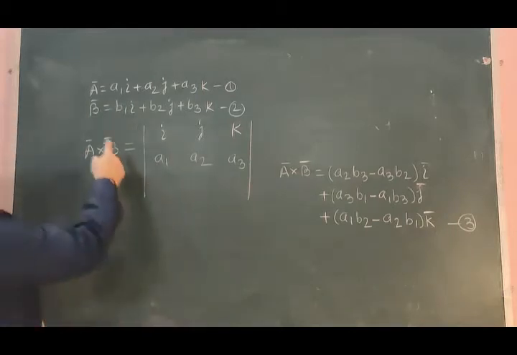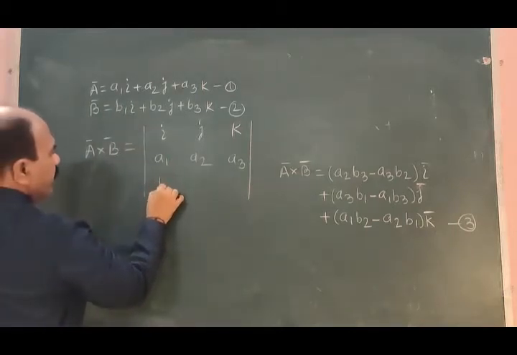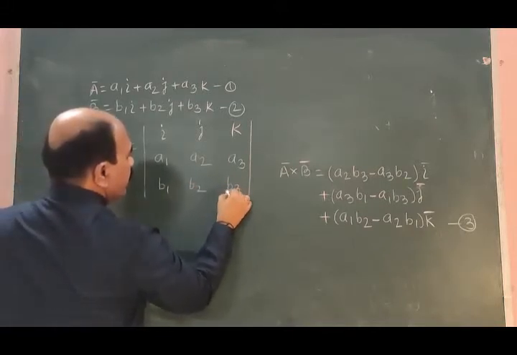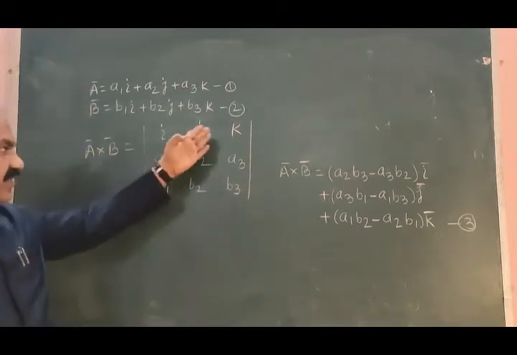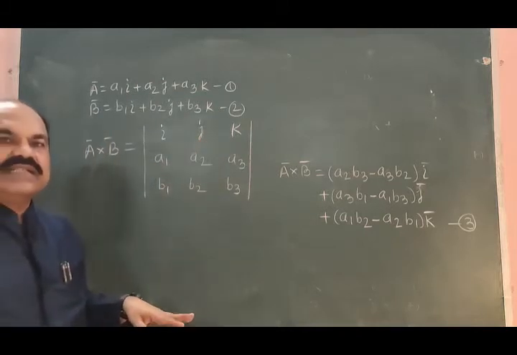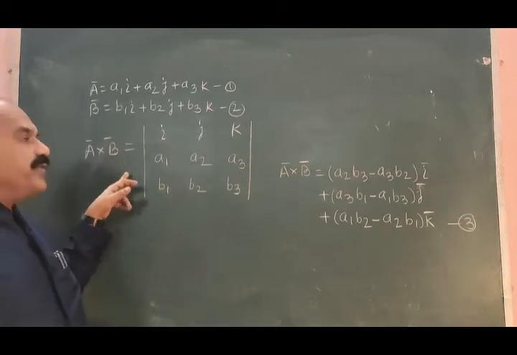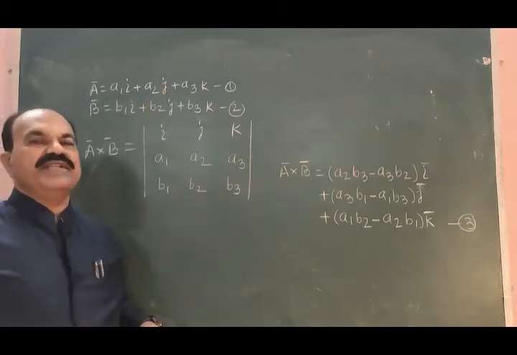In the third row, components of B. This is a determinant, and vector A cross vector B is written inside this determinant.